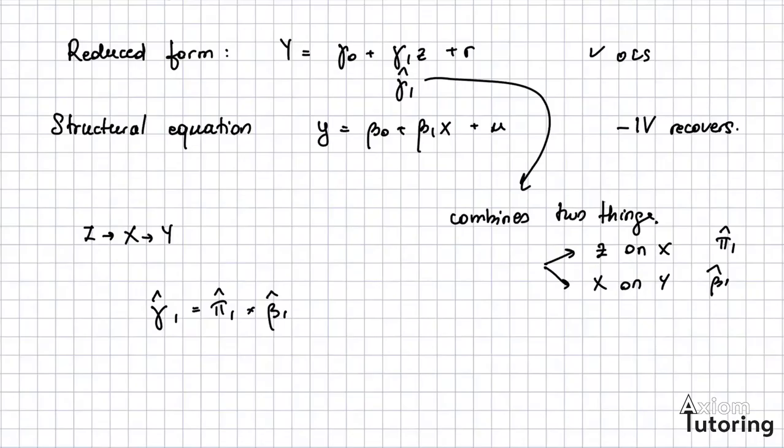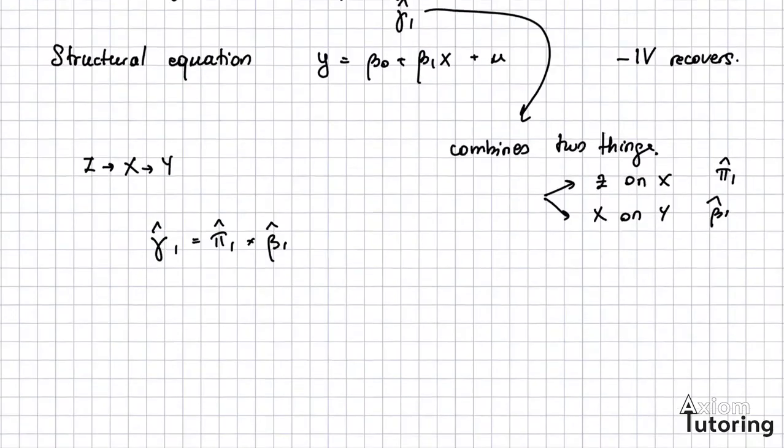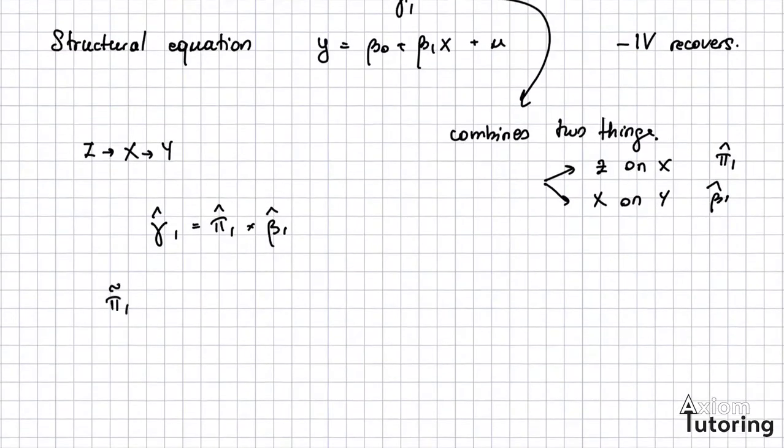And this has subtle but important implications, because an insignificant reduced form could mean two very different things. It could mean that the instrument is weak. So if pi 1 hat is approximately 0, you have a weak instrument, which means you have a relevance problem.